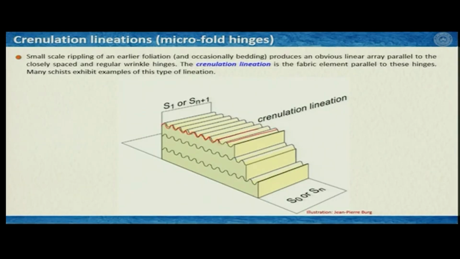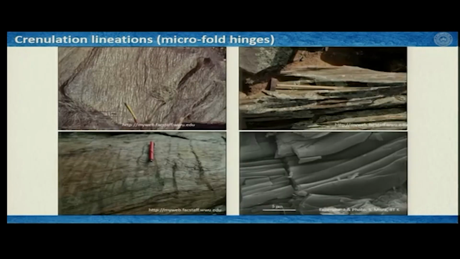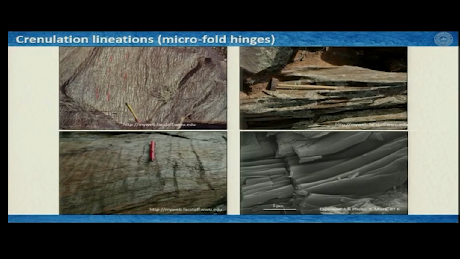As you can see here, these are the folds, microfolds, and their hinge lines are defining a linear feature, and these are known as crenulation lineation. So, here are some field photographs and some photographs from scanning electron microscope. What we see here, you see these wrinkles here, and these are your crenulation lineation.